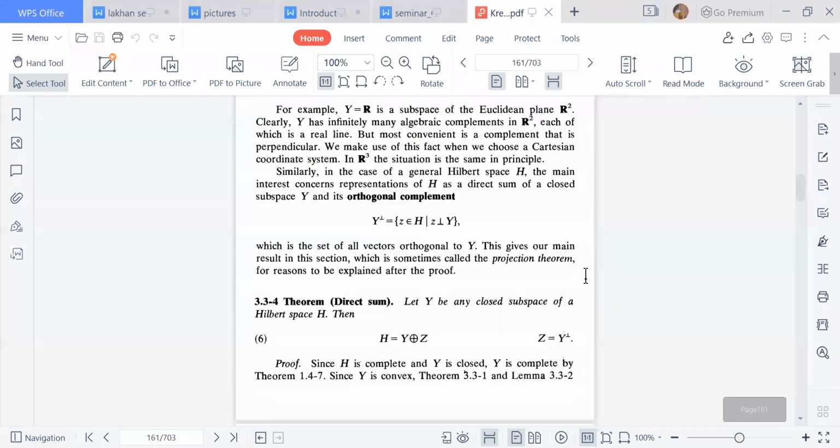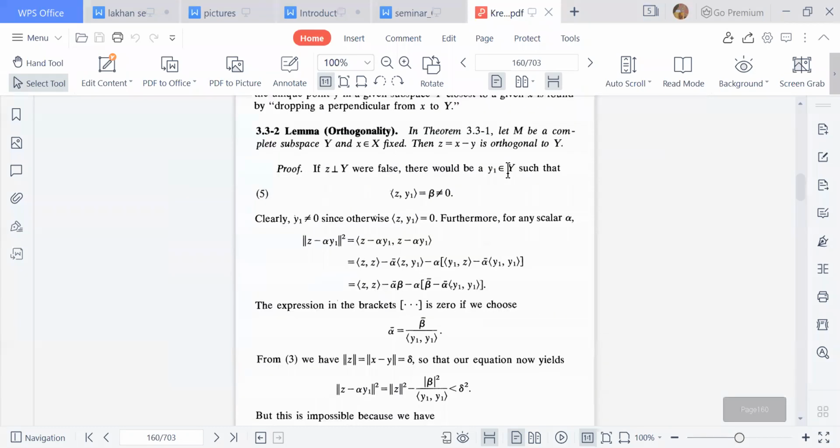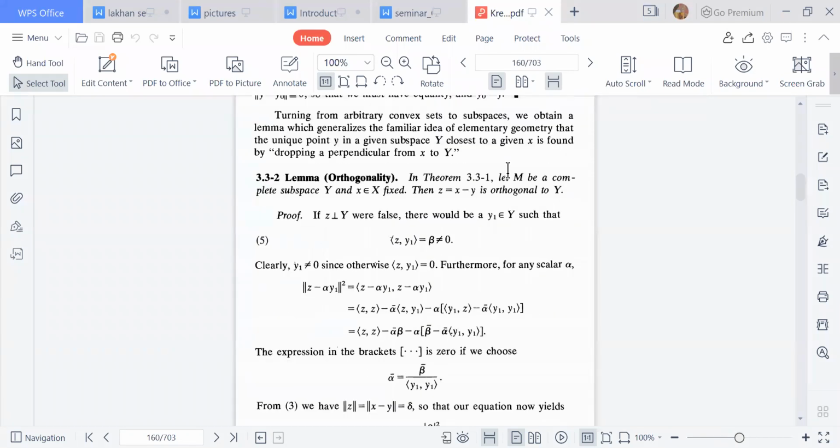By the two theorems that we have seen now, because z is equal to x minus y and z is orthogonal to y.